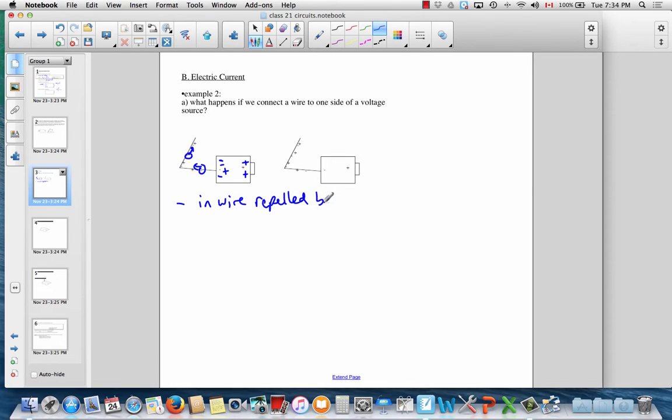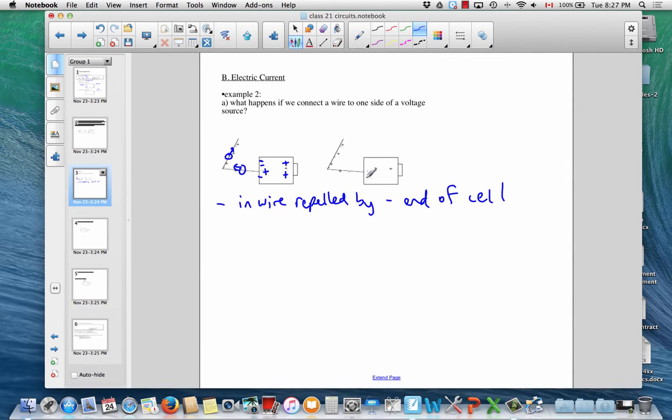They're repelled by the minus end of the cell. So those charges will shift to the end of the wire. But that motion is only going to be momentary because very quickly the repulsion from this end of the cell, which would tend to push the charges away from it, will be canceled out by the repulsion here, a small buildup on the end of the wire.